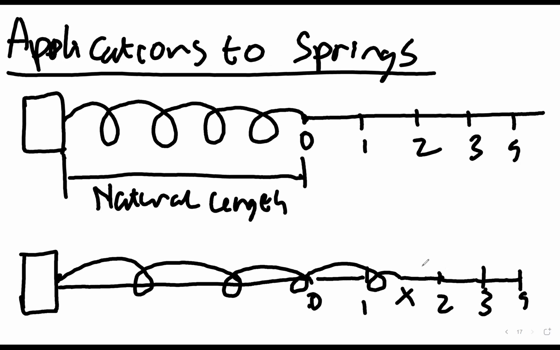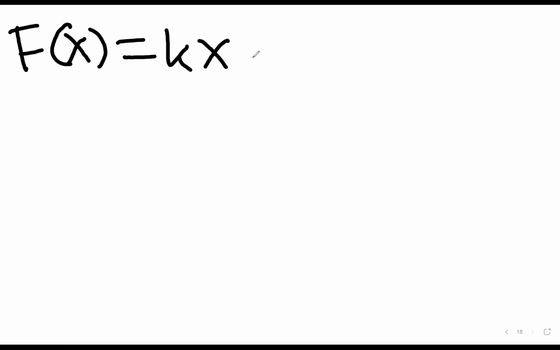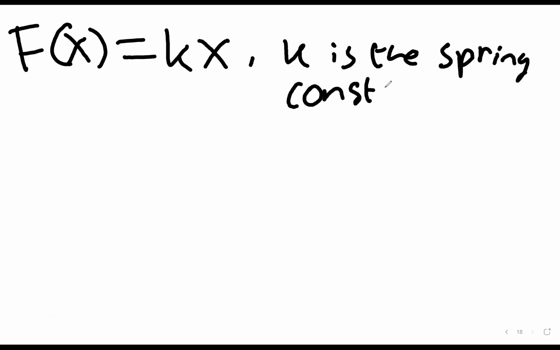So we pull the spring, so it's stretched. Then the formula for the force will be F of x by Hooke's law. F of x equals k of x. Here, k is the spring constant. That's the formula.